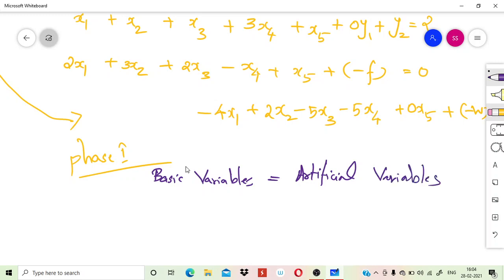Here we have two artificial variables, y1 and y2.